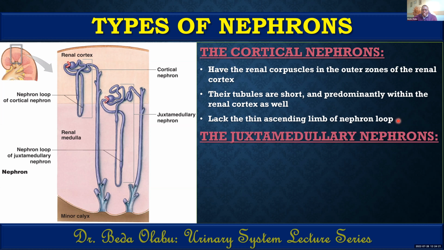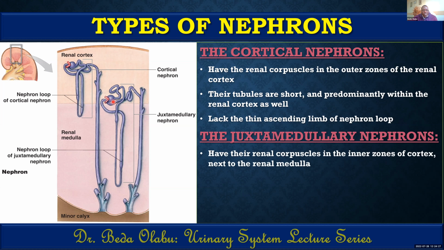But we have the juxtamedullary nephron, which is now the other one there. Although the renocorpuscles are in the cortex, they're in the inner zone of the cortex adjacent to the medulla. And that's why we are saying they're juxtamedullary. The renocorpuscles are near the medulla, not within, but near the medulla, basically at the corticomedullary junction.